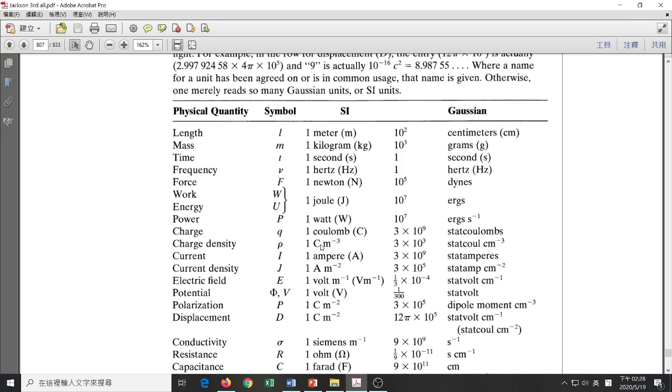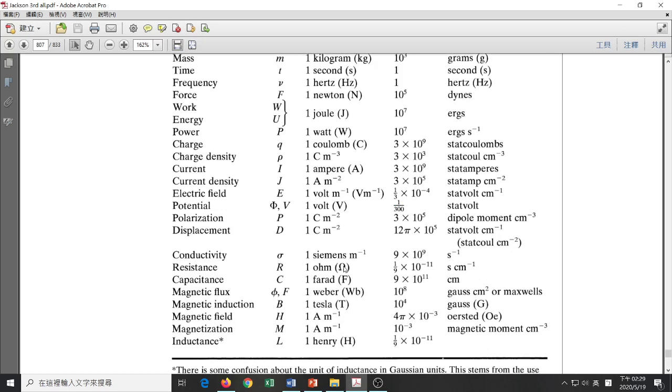Charge density, sometimes we use this one, sometimes we use this one. People prefer this one rather than this one. Current density, 1 ampere per meter squared. Electric field, volt per meter, or statvolt. Potential, volt, statvolt. That's the difference. And the major difference is here.